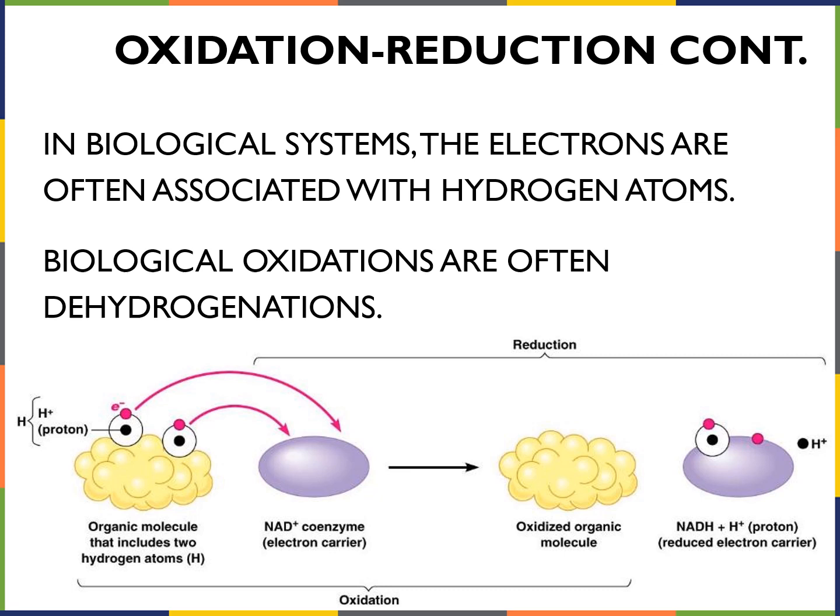Hydrogen has 1 proton, 1 electron, and 0 neutrons. So 1 hydrogen equals 1 electron. So you are going to see with oxidation reduction reactions in biological systems, you are going to be seeing hydrogens move. But you have to remember that each hydrogen is an electron.